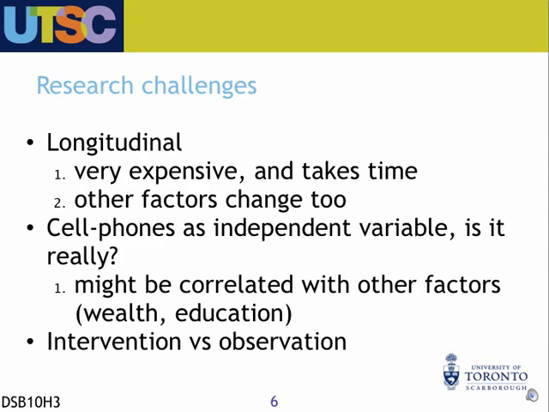And what this article criticizes is that many of the studies of cell phones talk about cell phones as independent variables. What that means is that they're not really dependent on anything else. Yet, as I was mentioning earlier, what if only certain groups have cell phones?